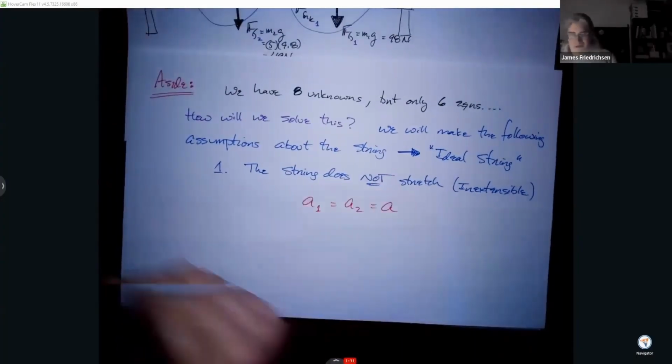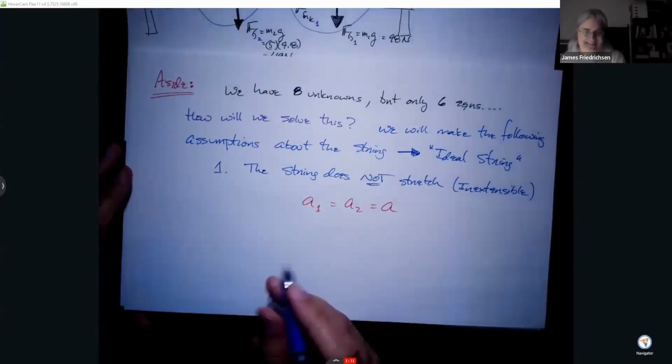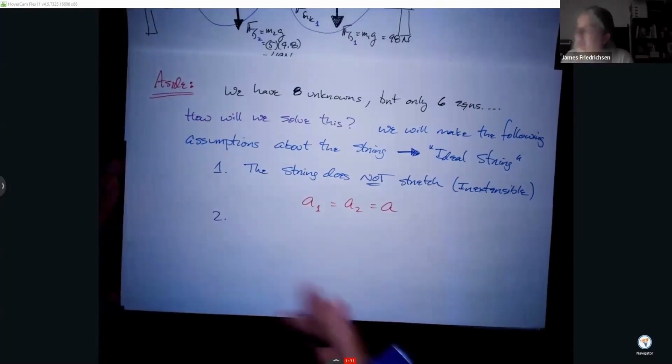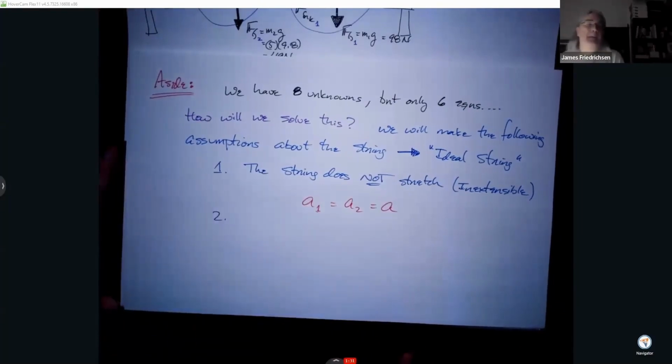The second characteristic about our ideal string is that we will state that the string's going to be massless. Or if that bothers you, we can say that it has negligible mass.